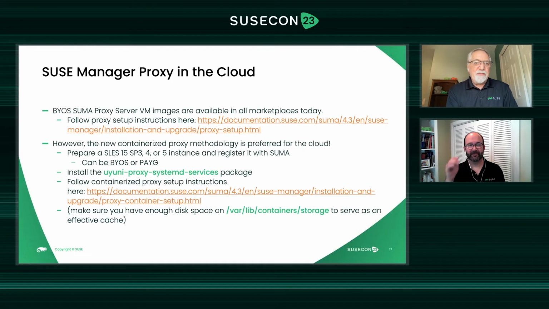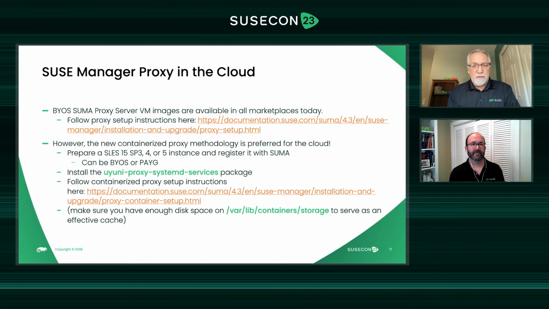So, as we've mentioned before, all the proxy and server images are available in the marketplace today, and you can actually search for them, and then you can follow the setup instructions. So it's obviously shortcutted from what you might do on premise because you're working from a pre-established image at the beginning.